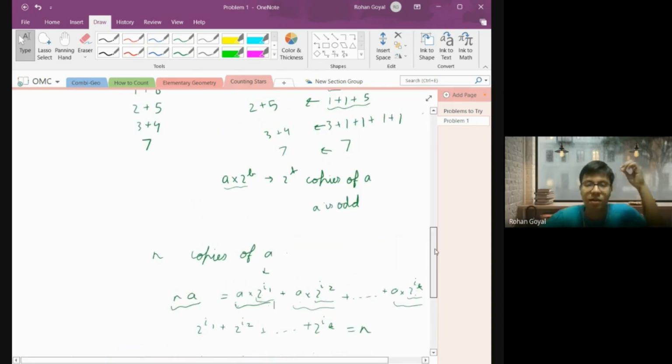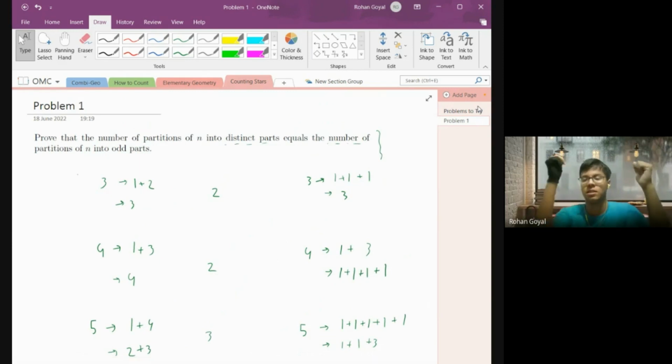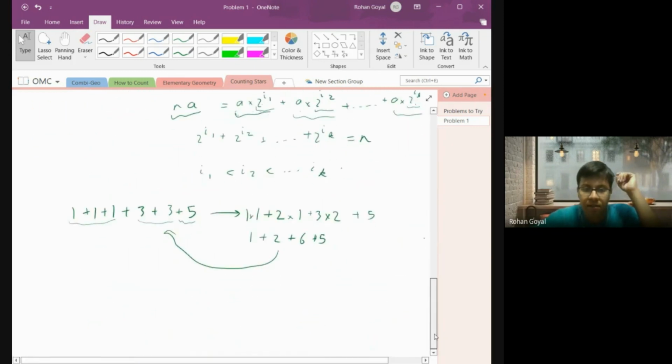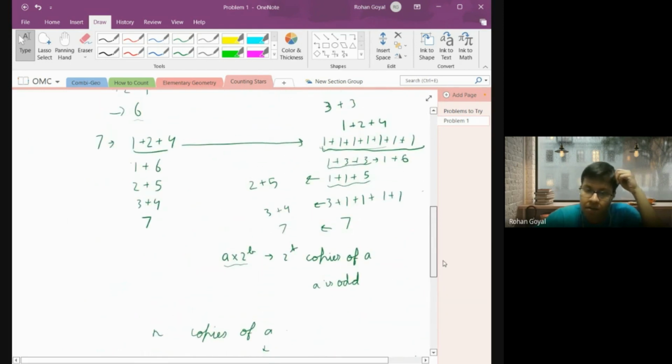So that's what we are trying to do. We are trying to show that the number of ways of doing both things is equal. So we're trying to create a bijection. If you have this partition of this, then you can create a partition of that. And if you have a partition of that, you can create a partition of this. It's the same way, and we just write it out.